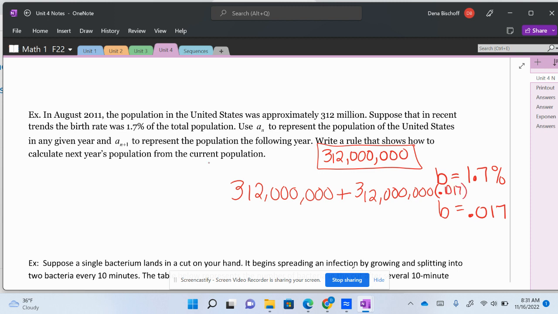So did you guys ever do sales tax? Okay. Well, if you want to know the sales tax of an item, like if it's 7% sales tax, you could take the price, $40, and multiply it by 7%, but then you'd have to add that back to the $40, right? I'm going to write it up here.